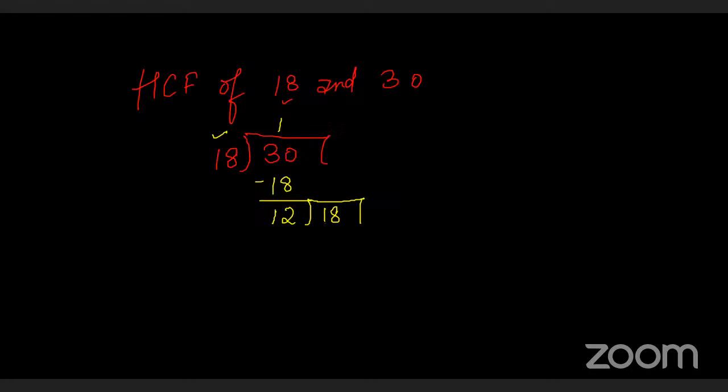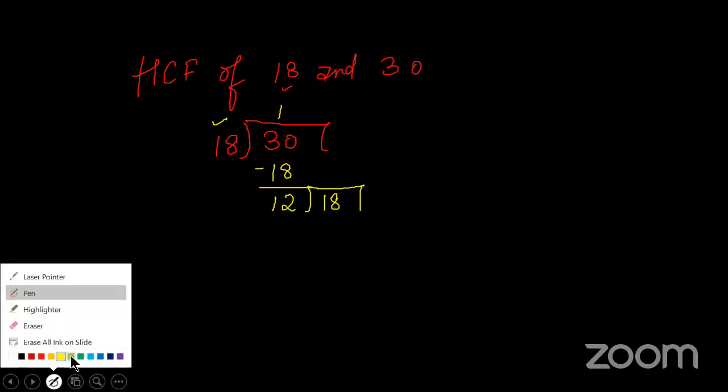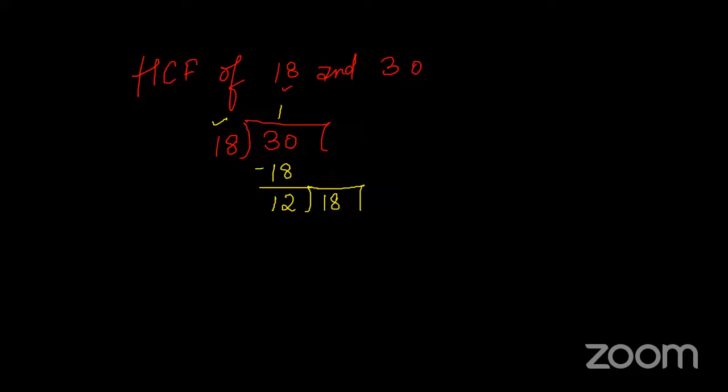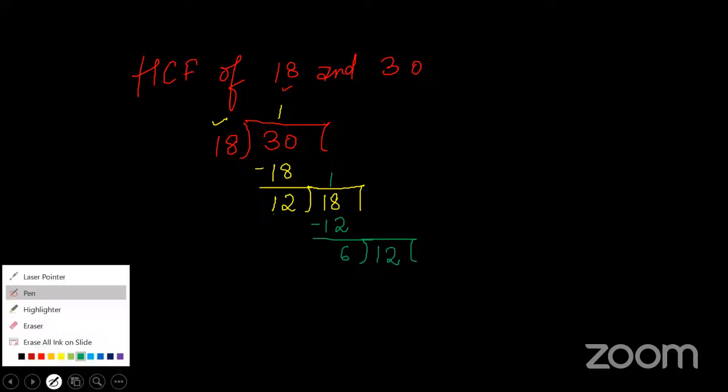Okay? Now, 12 times 1 is 12. I got 6. Now, this remainder will be treated as the divisor, and this divisor, that is 12, will be treated as the dividend. Okay?